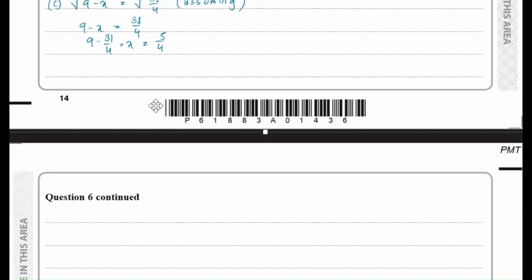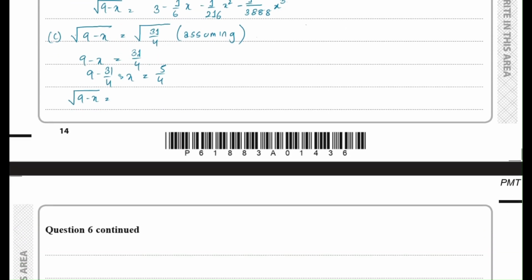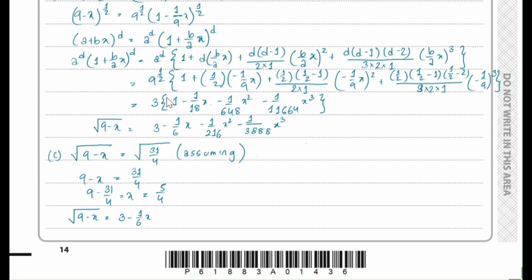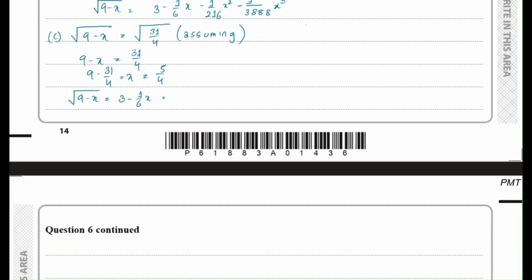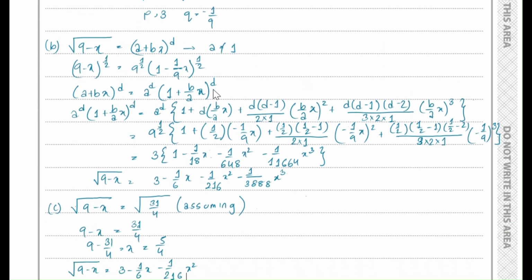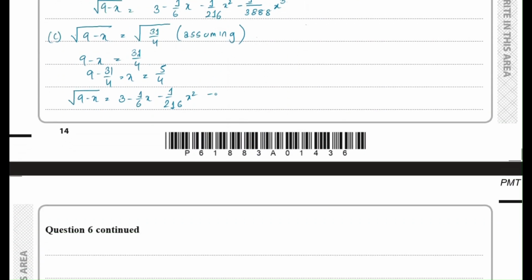So the expansion was 3 minus 1 by 6x, minus 1 by 216 x squared, minus 1 by 3888 x to the power 3.